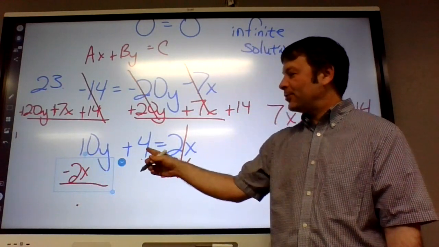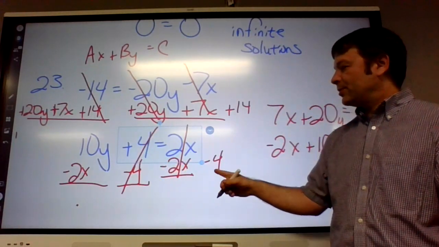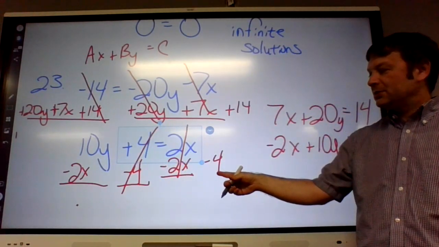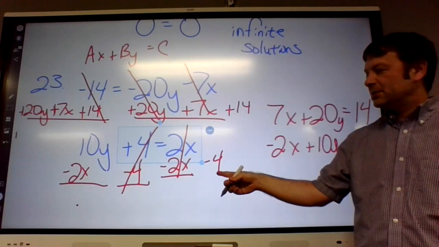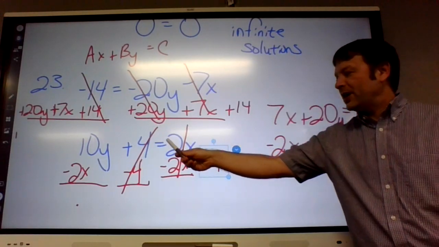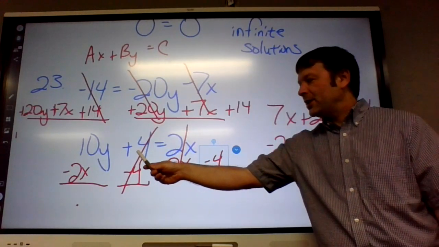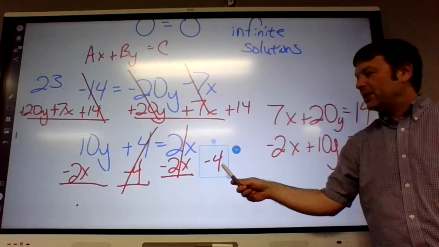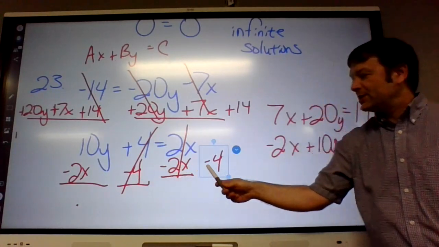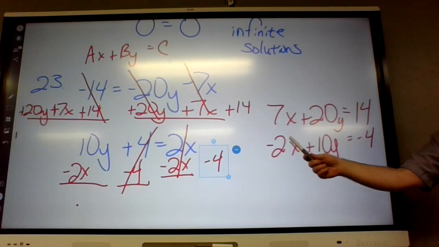What was plus 4 on this side becomes negative 4 on this side. There was a 2x on the right side of the equals, now there's a negative 2x on the left. There was a plus 4 right here. Now, because I subtracted 4 on both sides, there's a negative 4 over here. And now it looks like every other problem.